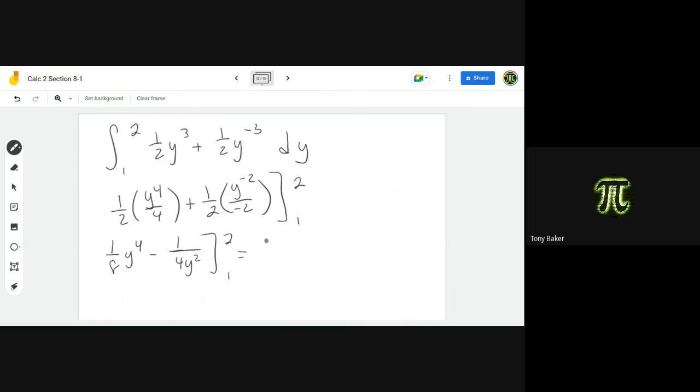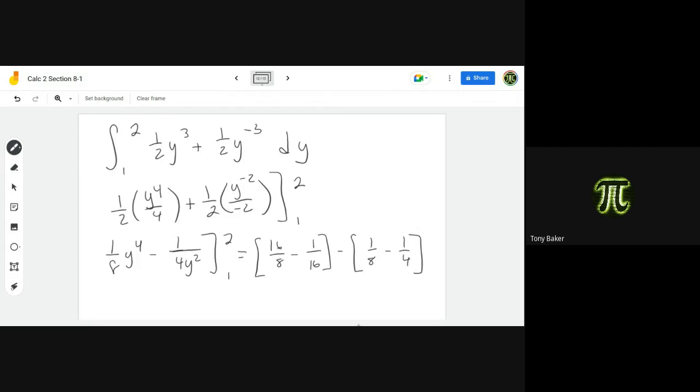So 2 to the 4th power is 16. So 16 over 8 minus 1 over 16. Minus 1/8 minus 1/4.